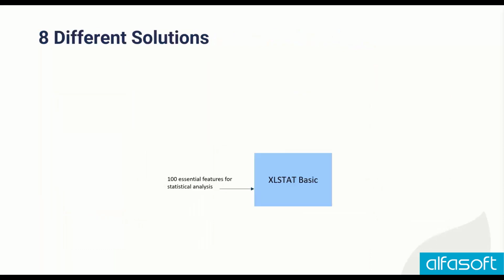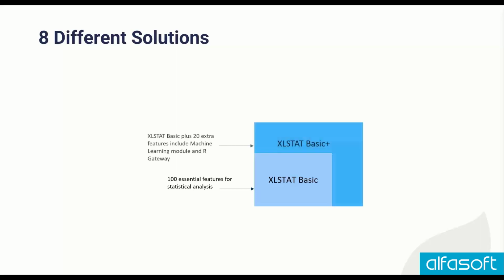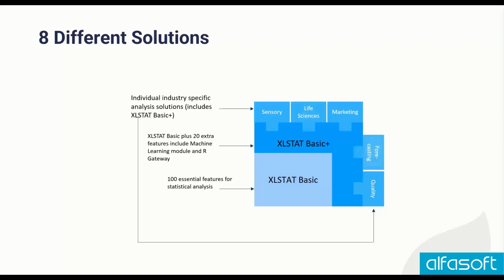Now, because we have 270 different functionalities, we provide basically 8 different solutions. A basic one with about 100 different features that's geared towards universities and students, and then you can move on to the next solution, Basic Plus. Then the next packs of solutions are geared to specific industries.